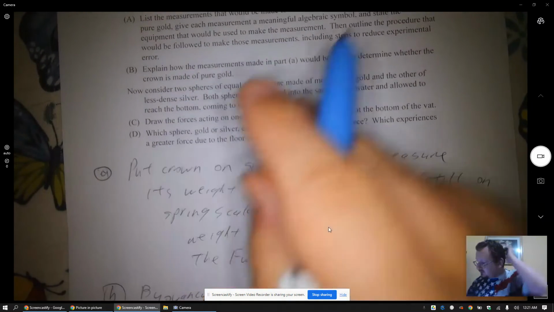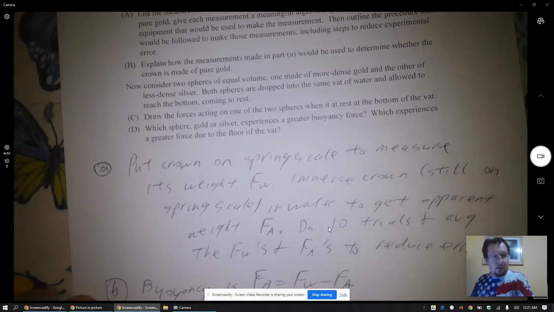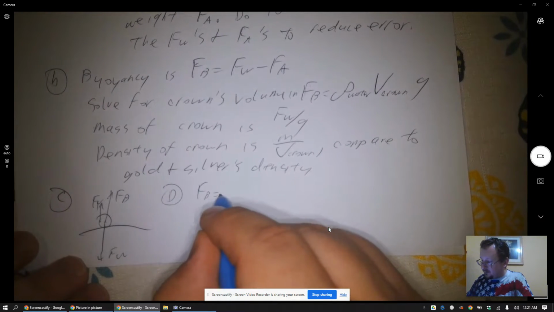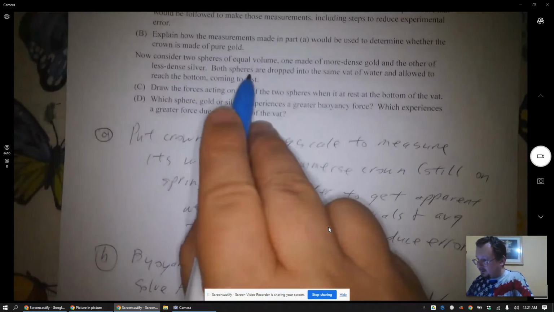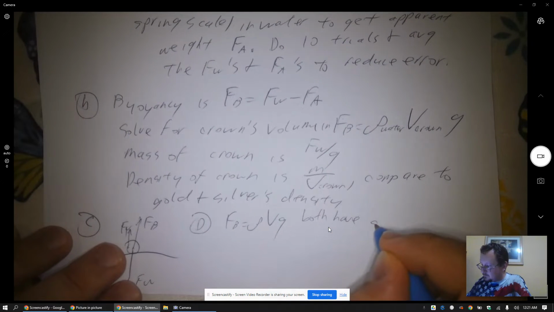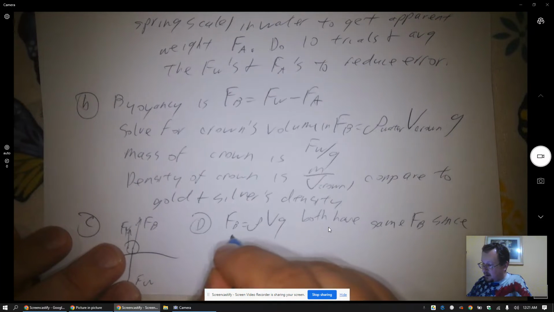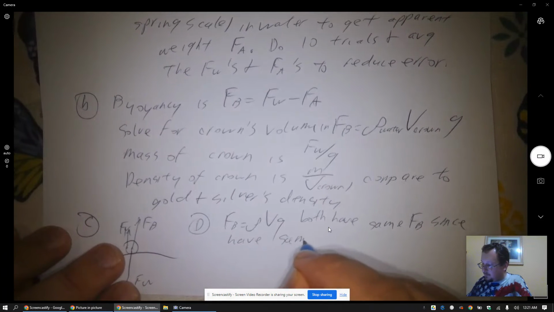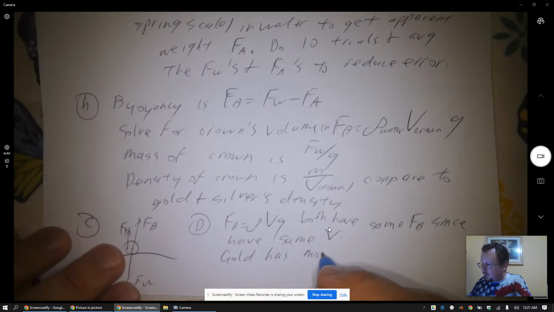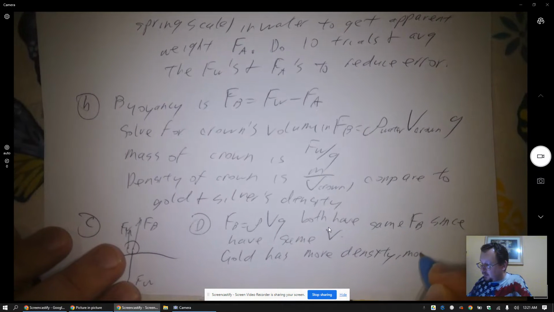Which sphere, gold or silver, experiences a greater buoyancy force? They both have the same. The force of buoyancy is density, volume, gravity, and it says equal volume. So both have the same force buoyancy since they have the same volume. But gold has more density, so it's going to have more mass.